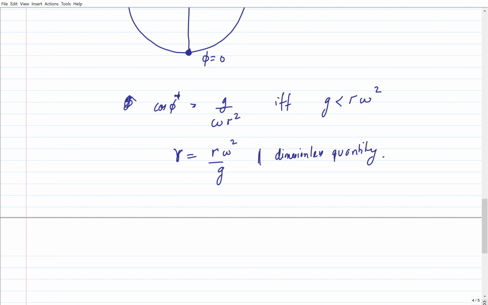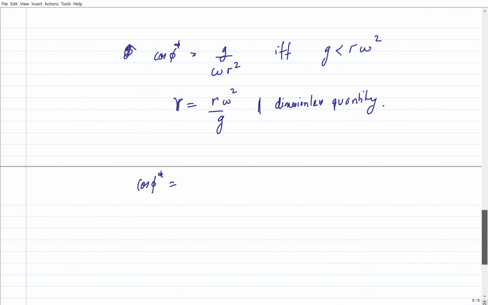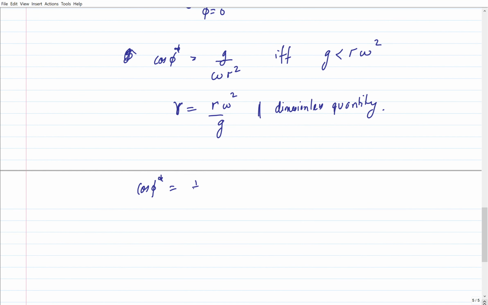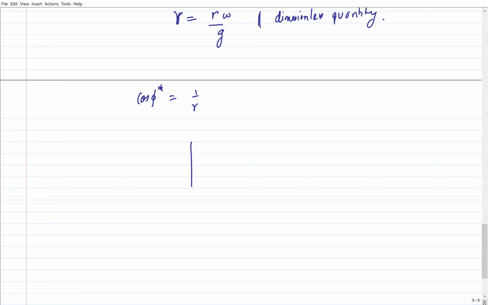And let's see what's happening. I have cosine phi star is, in my parlance, 1 over gamma. So I can look at the intersection of these two curves.